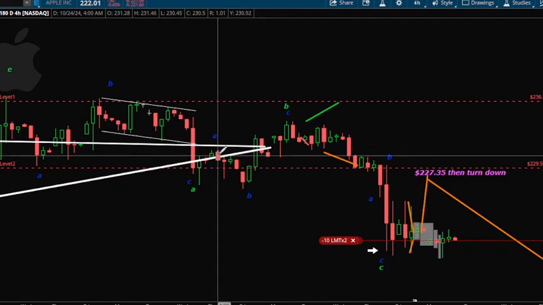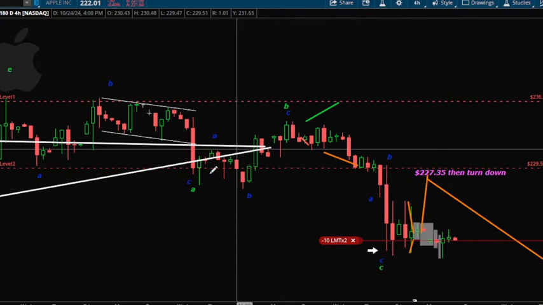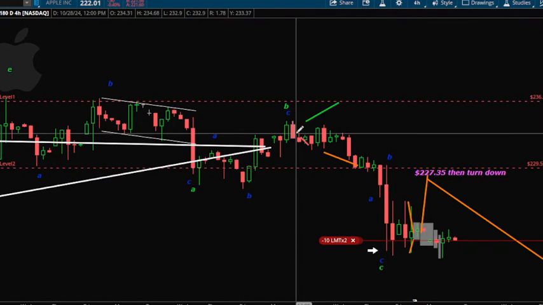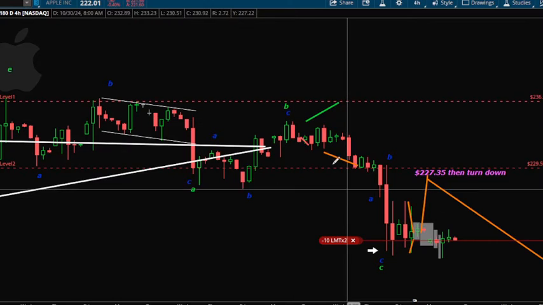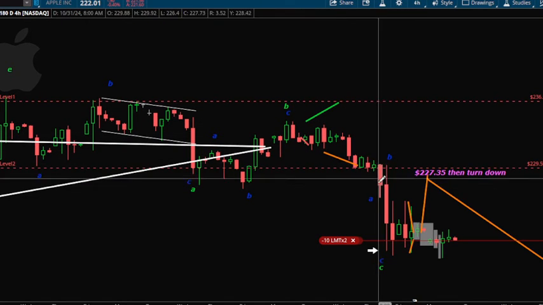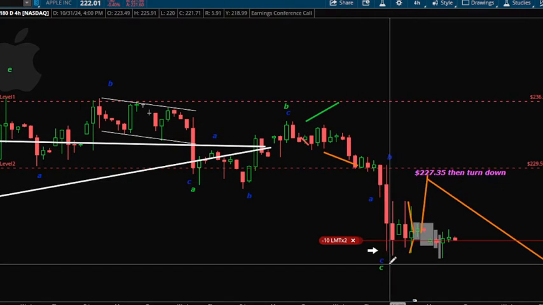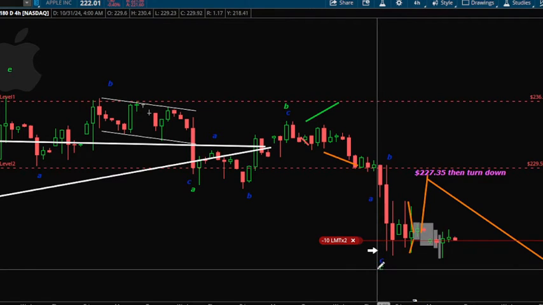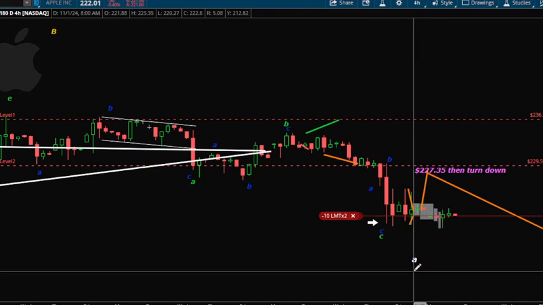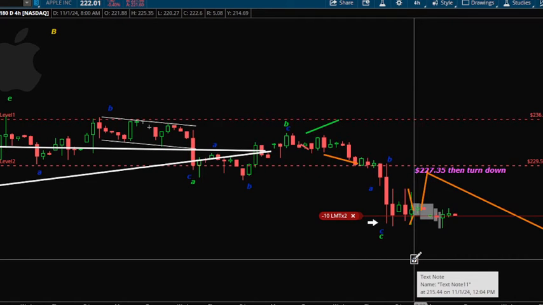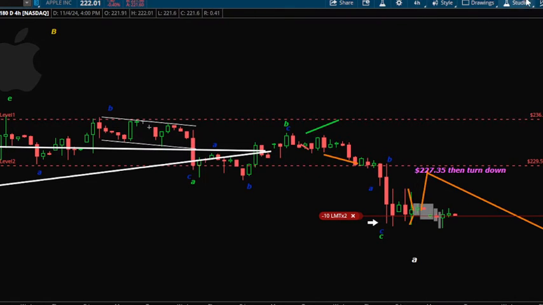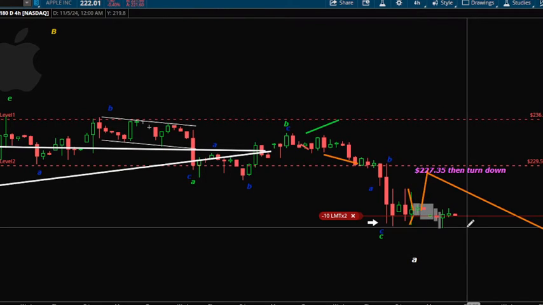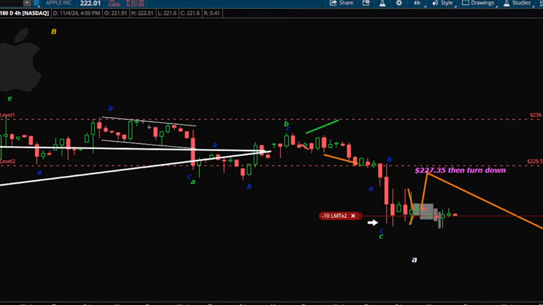A, B, C, sub-minuet to make a minuet A to B. We have A down here, B's here for sub-minuet, C to make sub-minuet C and minuet C. This gives us our minute A in white. Okay, so we're looking for a minute B leg up now.